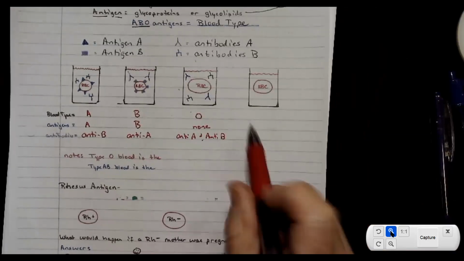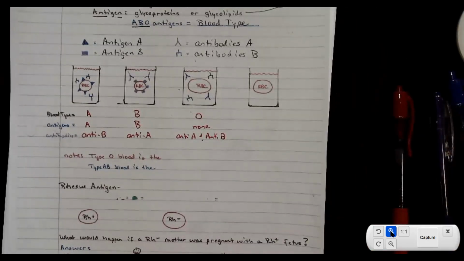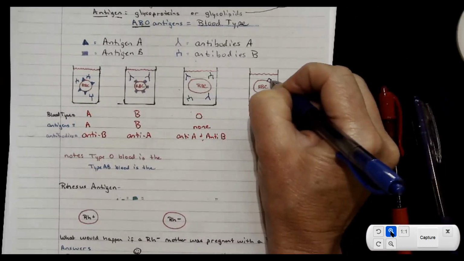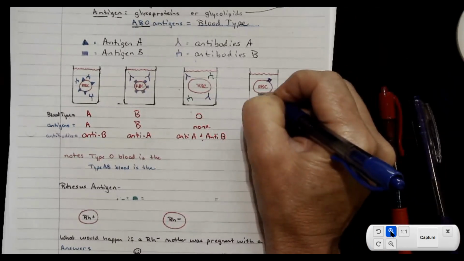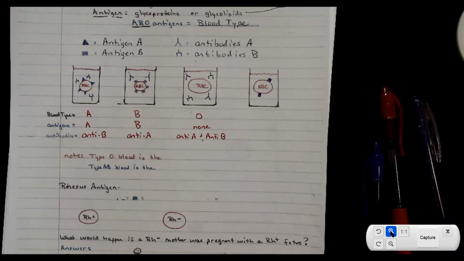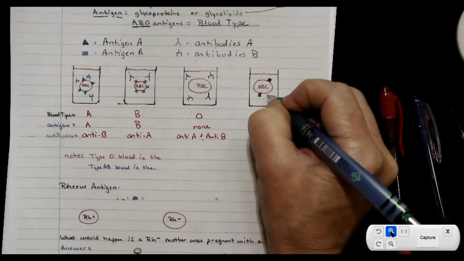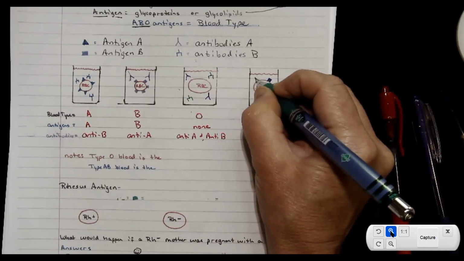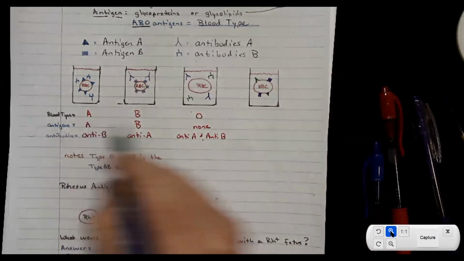All right, now I'm going to throw you a curveball. Let's say, where's my nice blue? I'm putting blocks on this red blood cell. Here's another block. And I'm going to add spikes. And I'm going to ask these questions. What blood type?